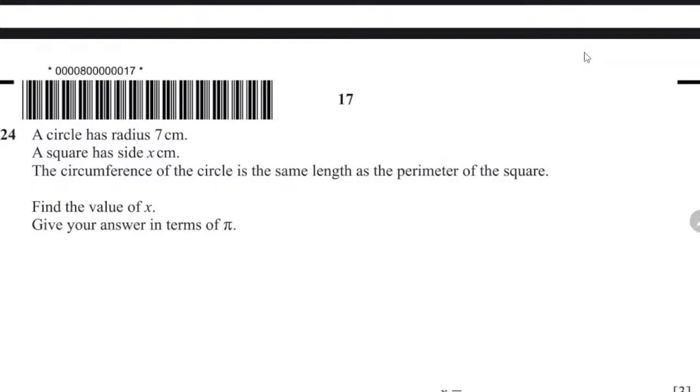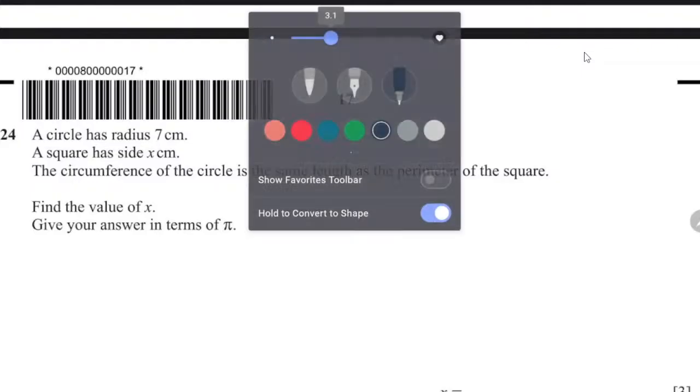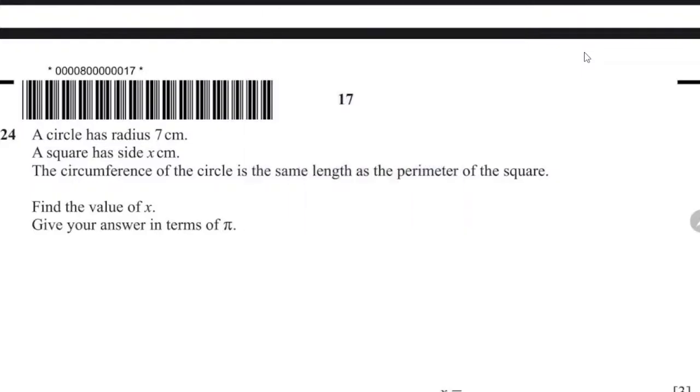Are we together? Then now we have a circle with this radius, a square has side this. The circumference of the circle, if they say circumference of the circle, you come and you write it. 2 pi r is equal to.